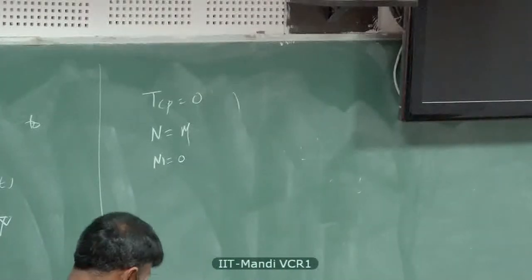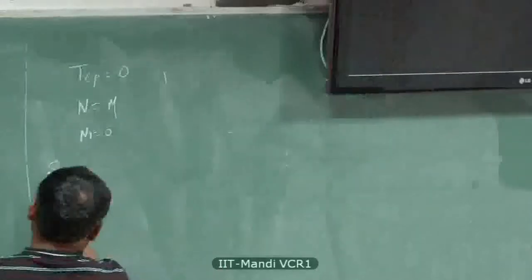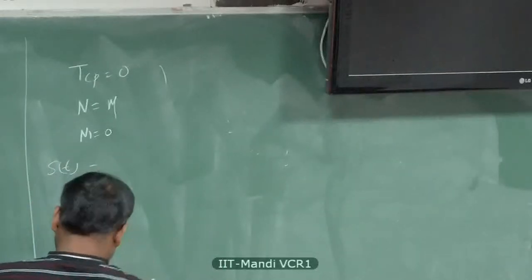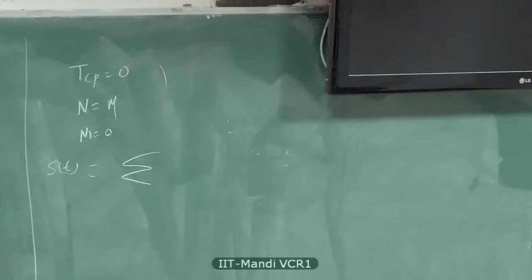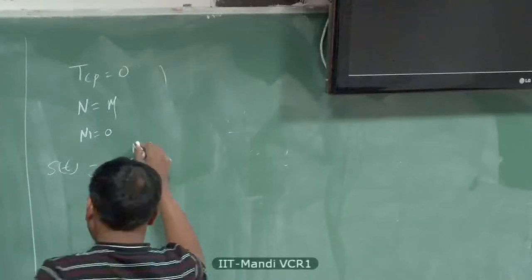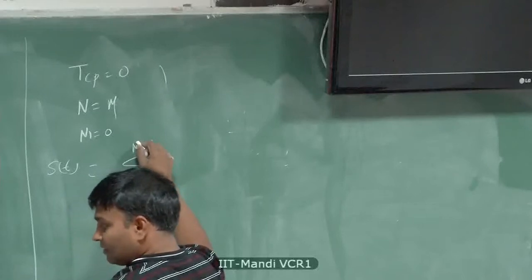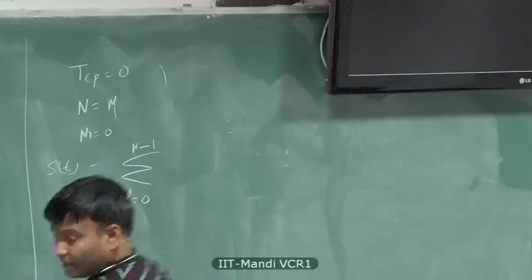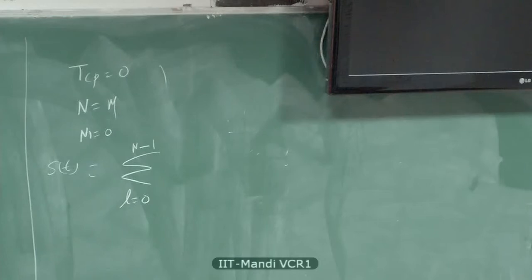And n1 is 0 because we're going to load all the tones, n equal to m. So therefore S of t becomes, instead of L prime, I'll start with L equal to 0 to n minus 1, or you can put n or m, it doesn't matter, n equal to m.